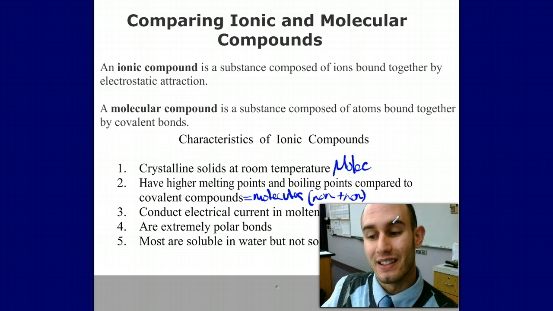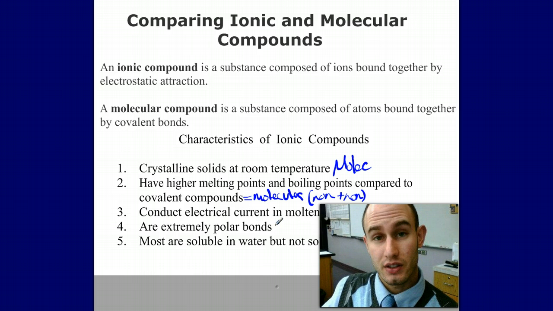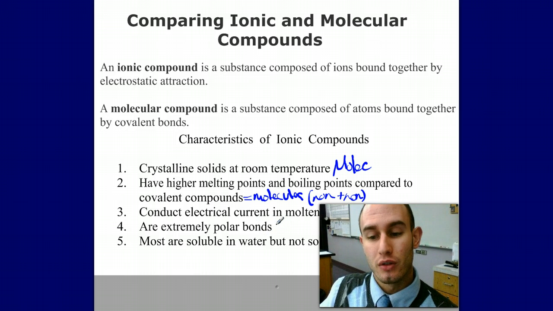that means it can dissolve in water. So again, if you did not know that, dissolve in water. So H2O is our solvent. They have extremely polar bonds. So when we're dealing with those electronegativity differences here, an extremely polar bond is going to be greater than that 1.7 value on the electronegativity difference.